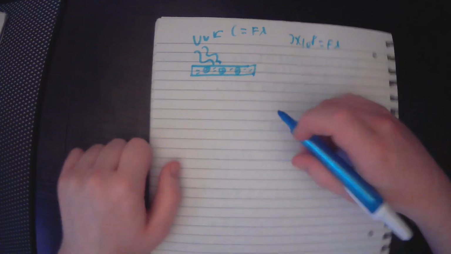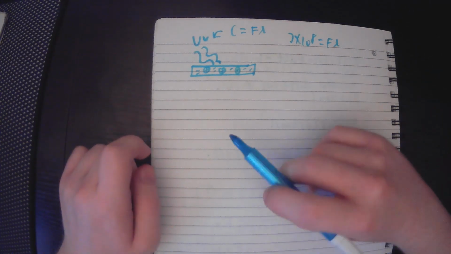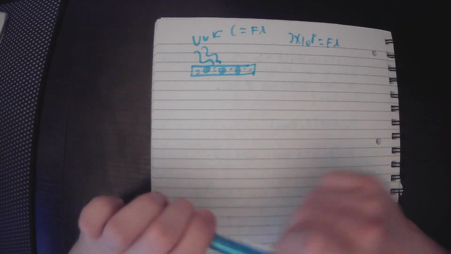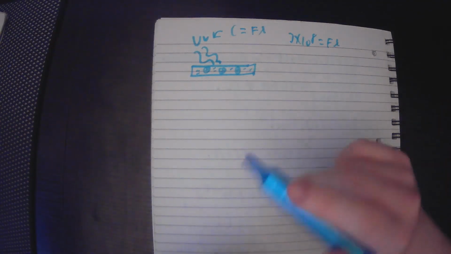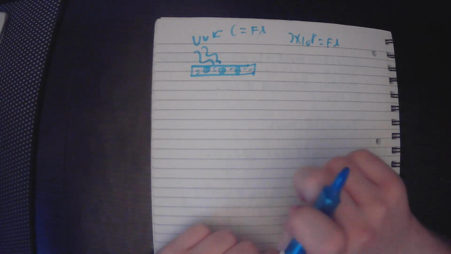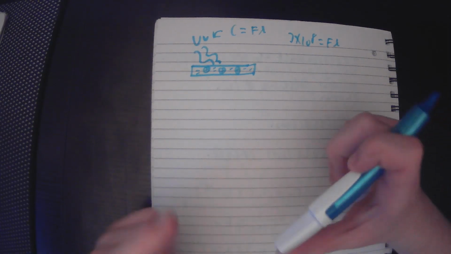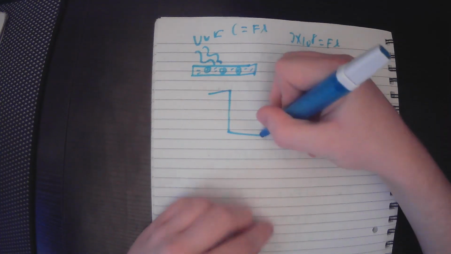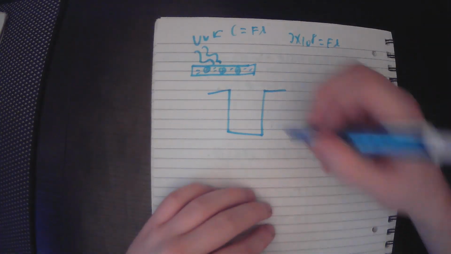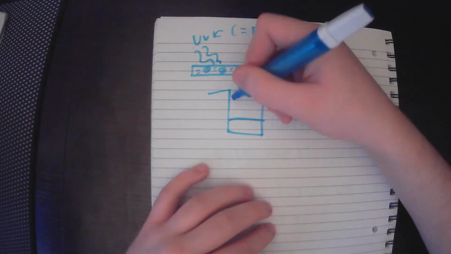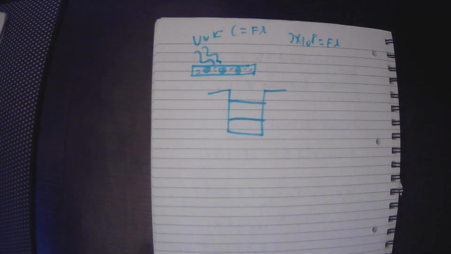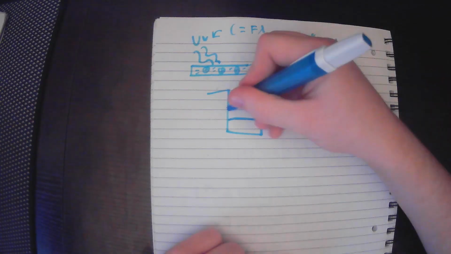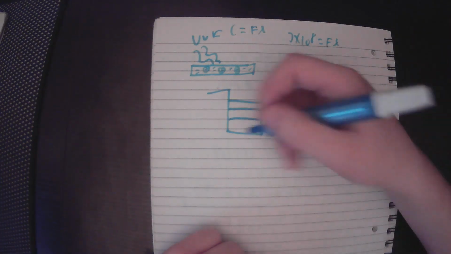So, when any electromagnetic wave is incident on the surface of a metal, it causes electrons to be excited. However, there's this idea of the electron well, which some of you may have seen before, some of you may not. Absolutely okay, and it is not necessary to know for your A-levels, but it's a good bit of understanding to have.